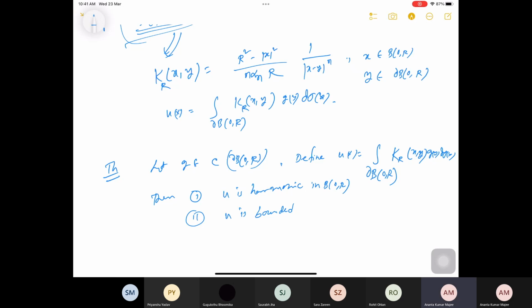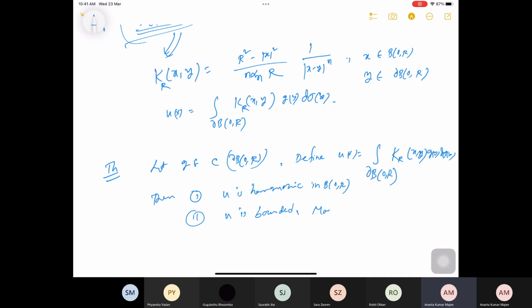Because dou B of 0, r is a compact set, and continuous functions on a compact set are bounded, so g is always bounded. So I don't need to impose the boundedness here, because for my previous case it was on R n plus, an unbounded domain, so that's why you needed to impose the boundedness, but here g is automatically bounded, so u is bounded.